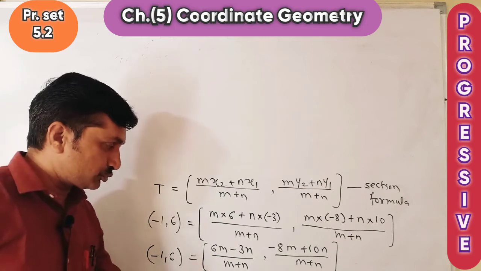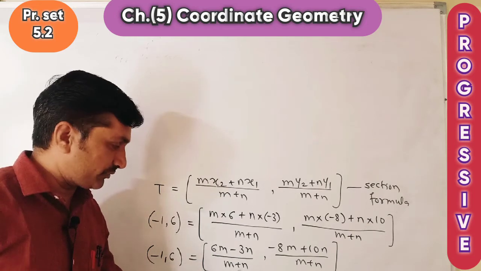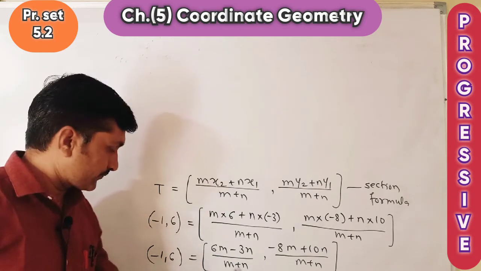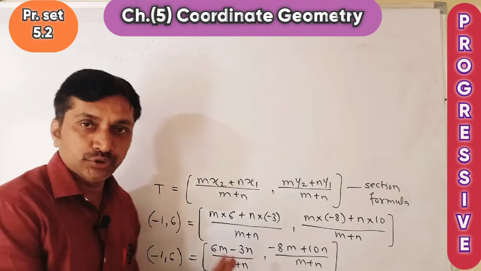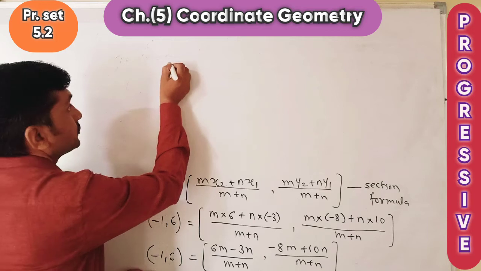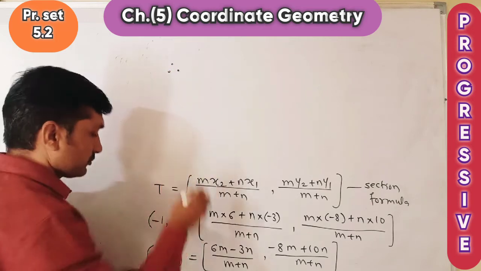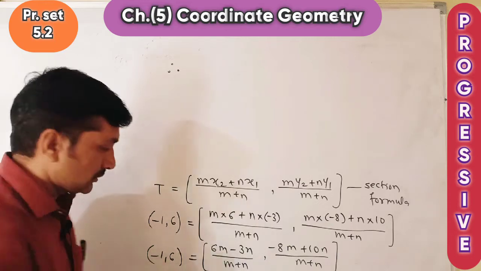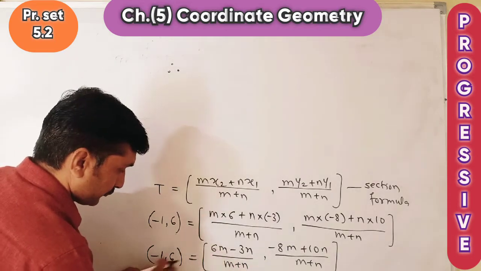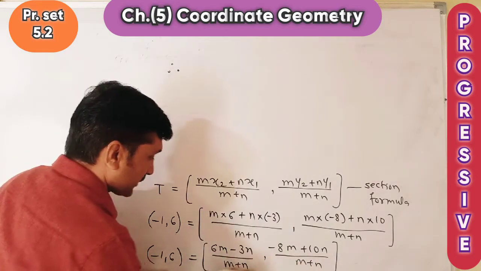-1 is the value of the first coordinate and 6 is the value of the second coordinate, and both are equal. Therefore, since we want the ratio, you can take any one of the pairs because both are equal: first equal to first, or second equal to second.